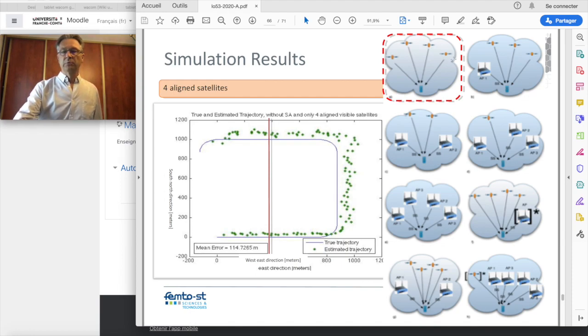So first, if you use only 4 aligned satellites, this is the true line. The true trajectory is the blue line, and the estimated trajectory is the green dotted line. As you can see, here we are close to the true trajectory, but when we are on the vertical axis, you can see that there is some significant error, a distance between the real and the estimated that you cannot see here.